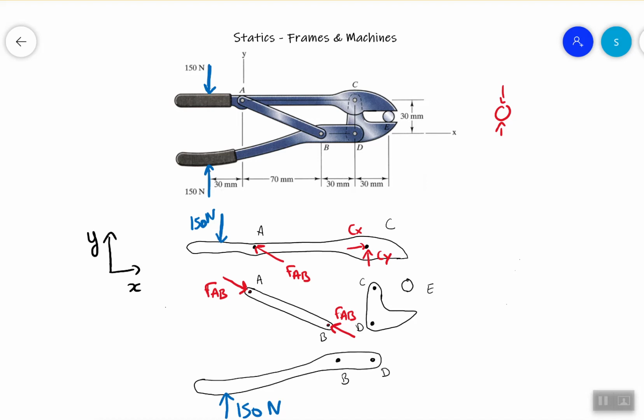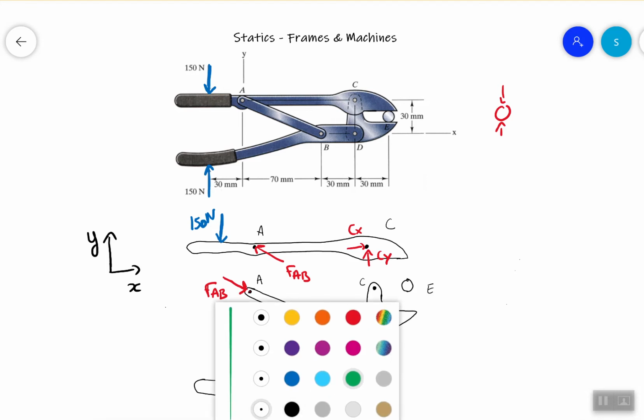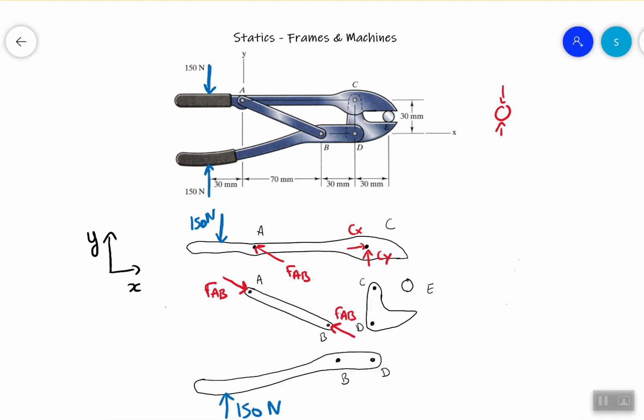Okay, and we know the direction of AB. So if we want to write the direction of AB, let's write all the directions in green. What we know there is this dimension 70 and this dimension 30. Right? So this triangle there is 70 on x and 30 on y, and this one will be the square root of 30 squared plus 70 squared. So we can find the angle if we want.